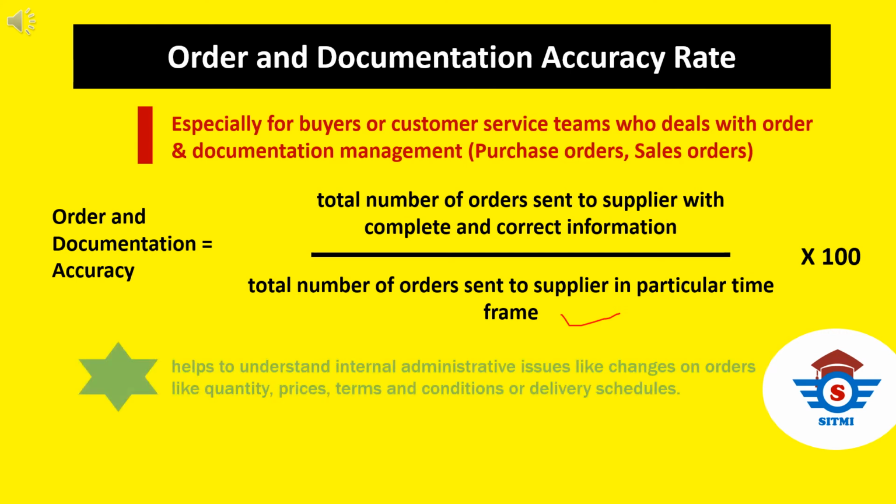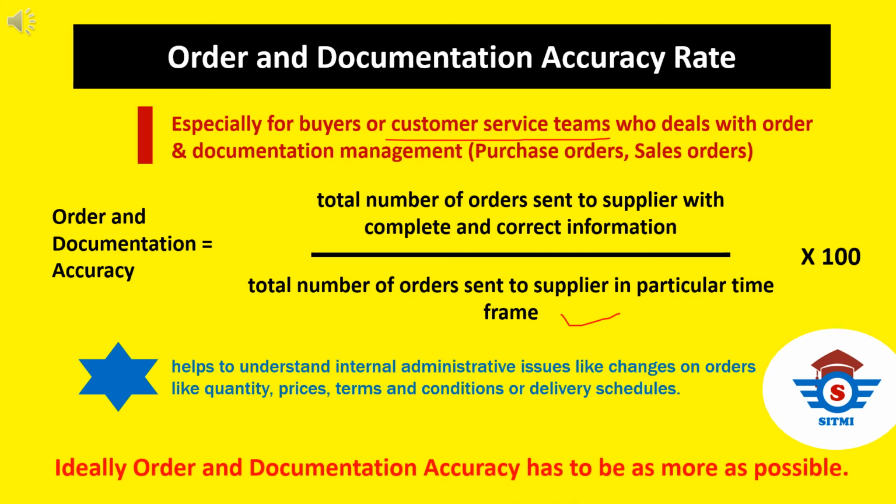This indicator helps to understand internal administrative issues like changes on orders, such as quantity, prices, terms and conditions, or delivery schedules. This metric can also be part of the customer service team's performance, where the customer service team generates order acknowledgements for the purchase orders received from customers. Ideally, order and documentation accuracy has to be as high as possible.